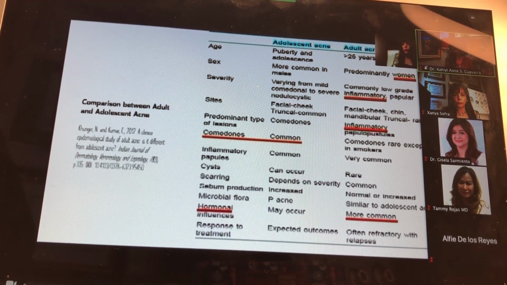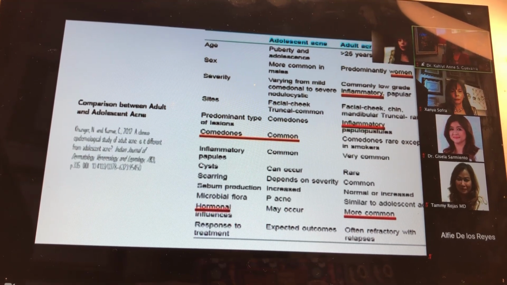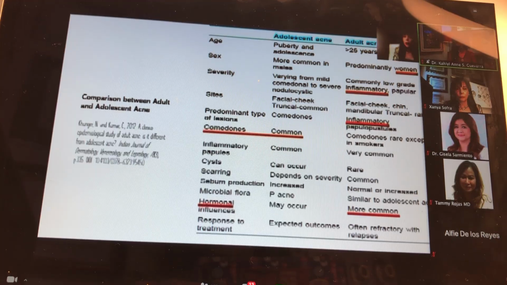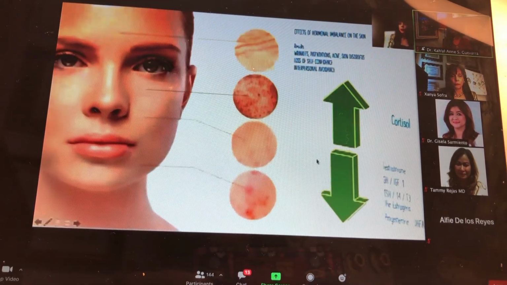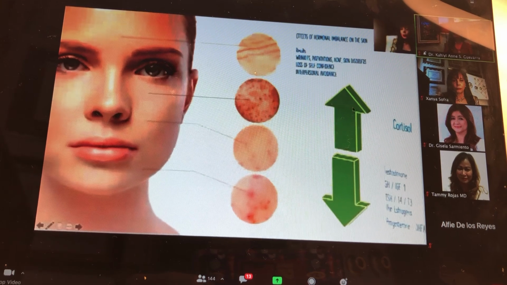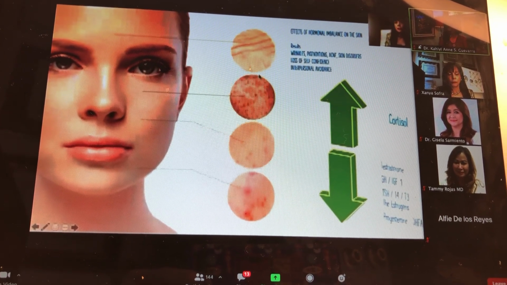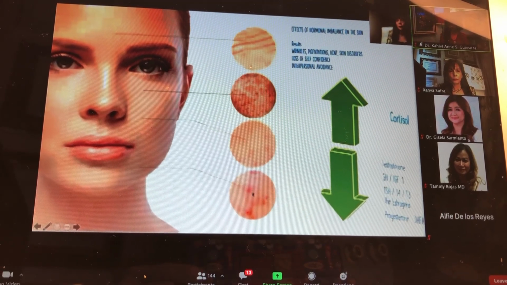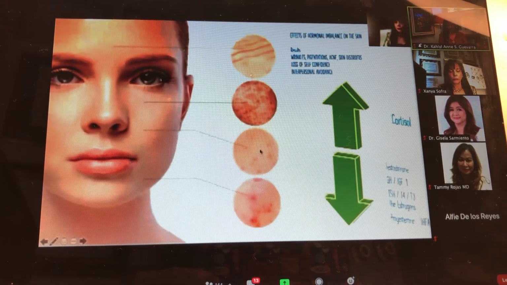This can occur in adolescents, but not as much as in adults. Hormonal influences are more common with adult acne, according to the study. Why? As we age, cortisol increases and other hormones decrease. Cortisol is responsible for a number of problems on our skin, including acne, but also inflammation, wrinkles, and other skin conditions.